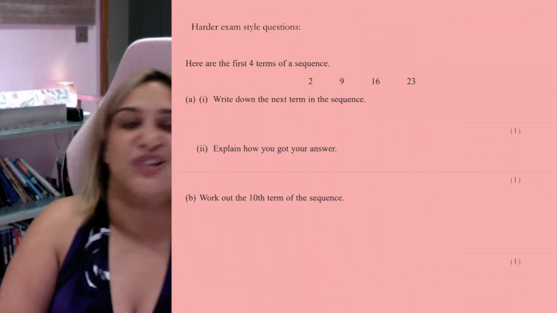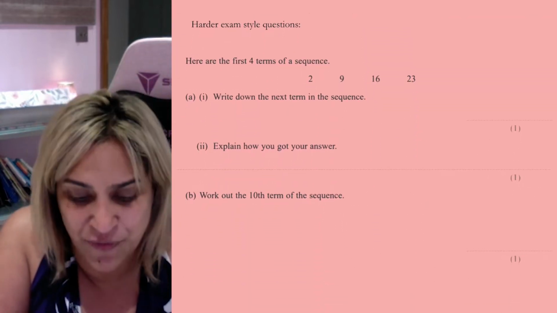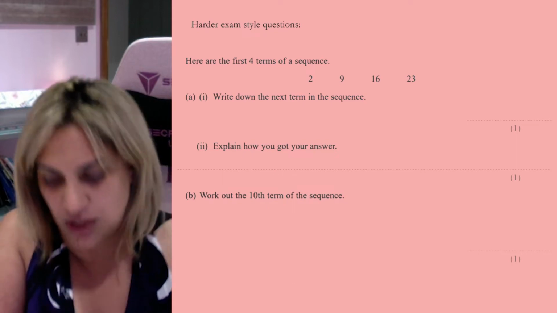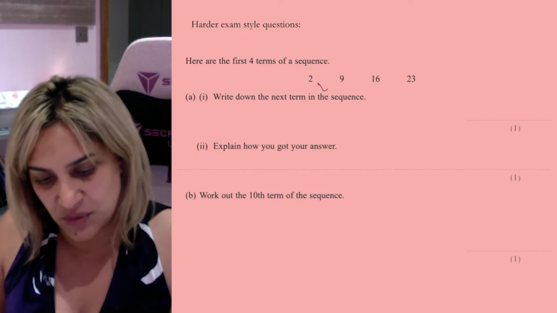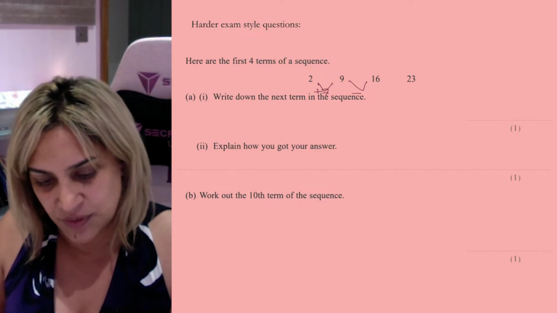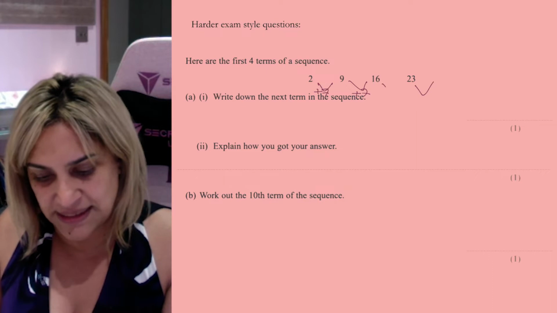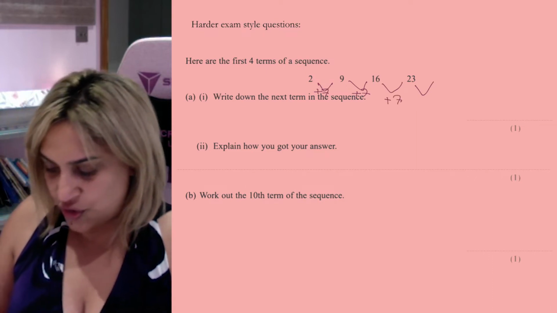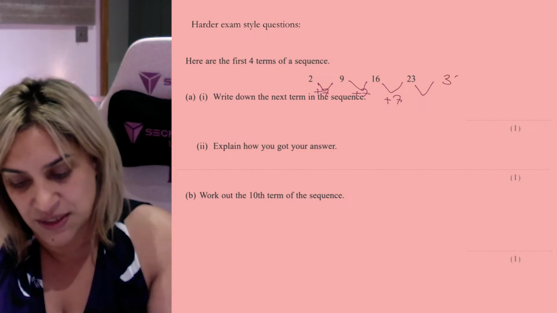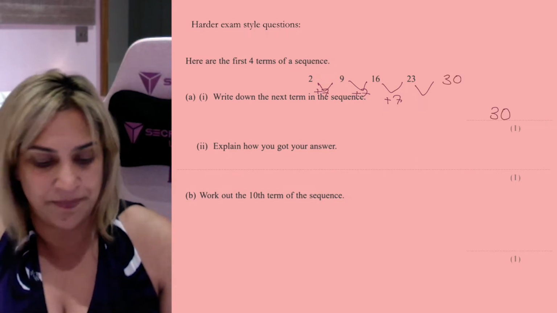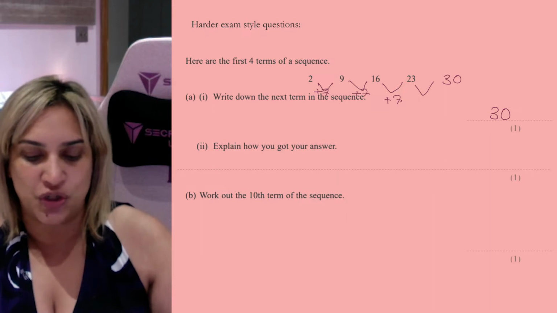Okay, so now let's look at the exam questions. Here are 4 terms of a sequence. What's the next one? So we're going to go, okay, what's the pattern? We're adding 7, we're adding 7, so we're adding 7 each time. So you're going to do 23 plus 7, 7 plus 3 is 10, so it's going to give us 30. Explain how you got your answer.